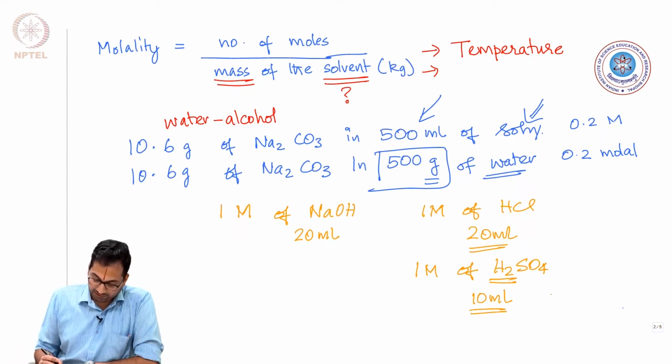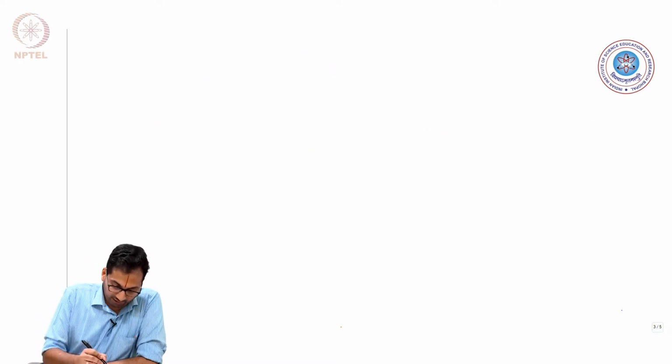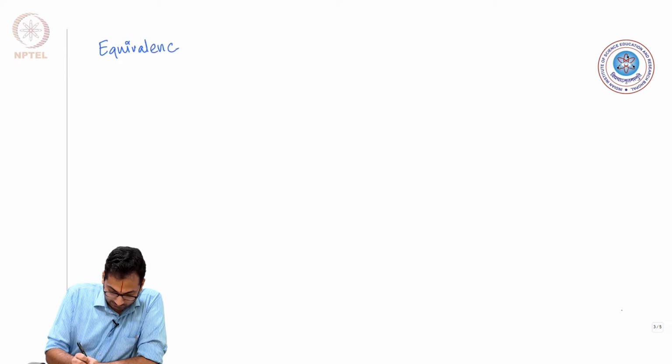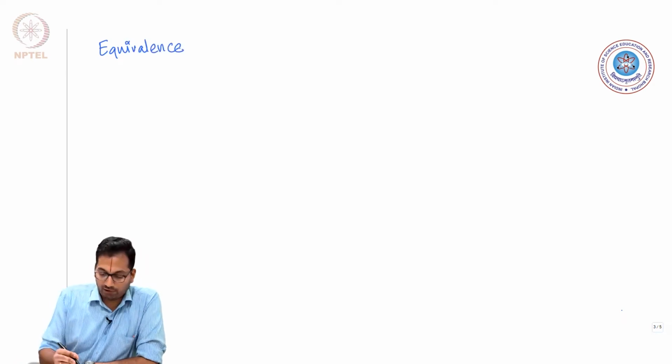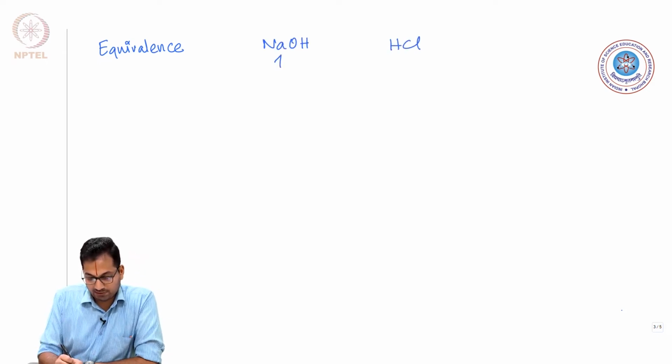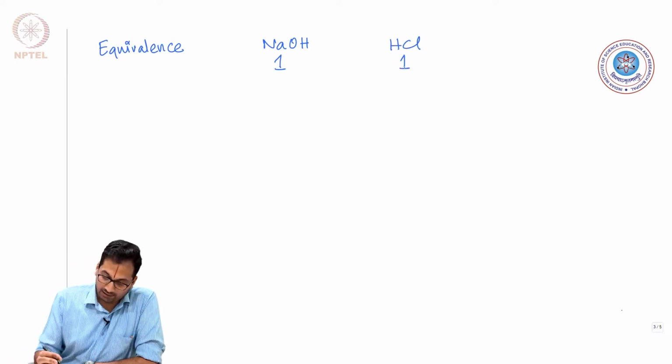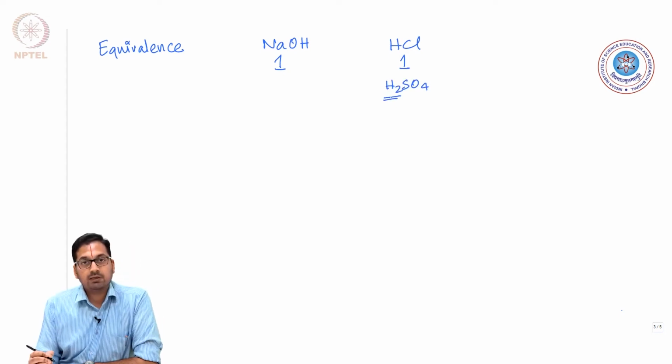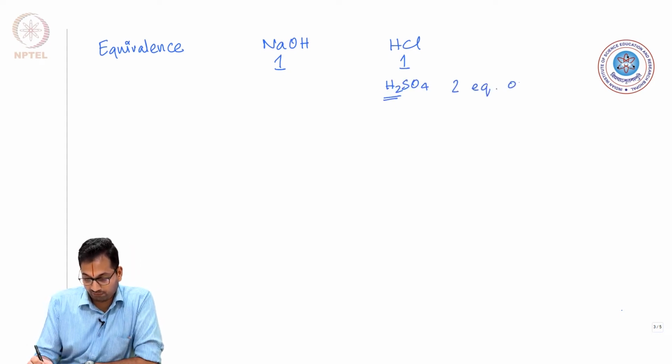So this brings us to the concept of equivalence. Basically, for NaOH and HCl, the equivalence here is 1:1. On the other hand, H2SO4, which has 2 such protons, provides 2 equivalents of H plus.